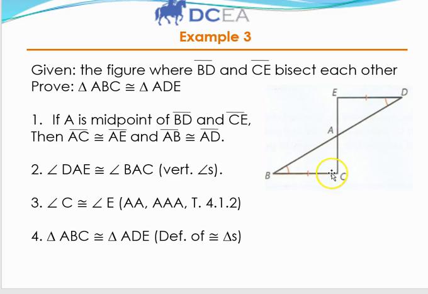Angle C and angle E are congruent because of theorem 4.1.2, which said if two angles of one triangle are congruent to two angles of another triangle, then the third angles are also congruent.